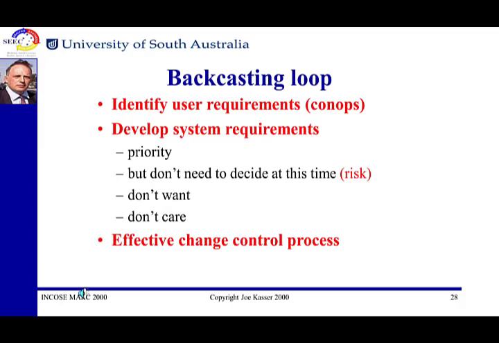Identify what we don't want, identify what we don't care about, and then have a very effective change control process to make sure that as the requirements change and they move from don't need to decide, don't want, and don't care into other states, we can control that.